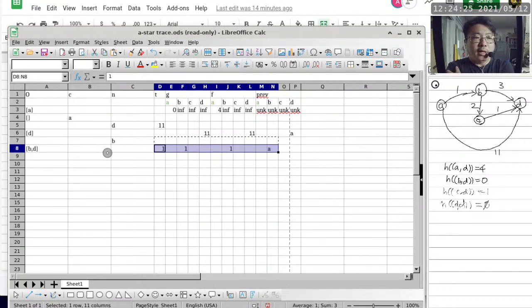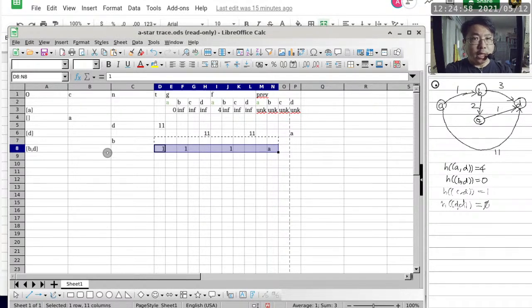So once again, we have to evaluate the while loop carefully, because it is asking, do we have any vertex in the set O where the F value of that vertex is less than the G value of D? Now the G value of D is no longer infinity, it is 11 at this point. So now we are asking, basically, does any one of the vertices in O have an F value that is less than 11?